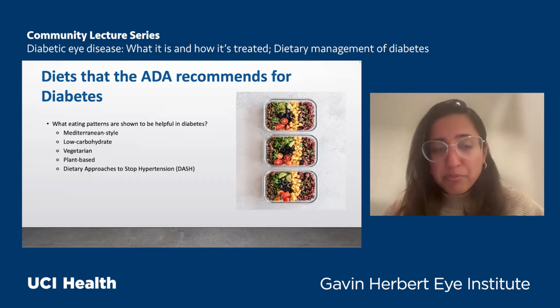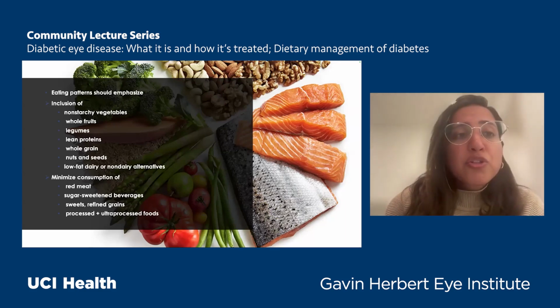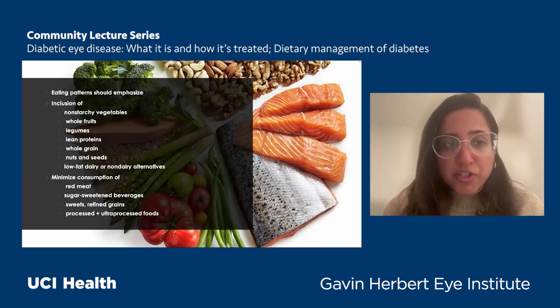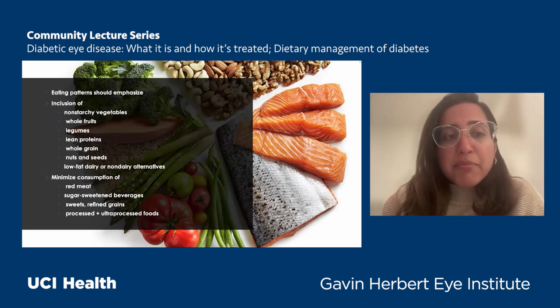But essentially, the principles of this diet are the inclusion of non-starchy vegetables, whole fruits, legumes, lean proteins, whole grains, nuts and seeds, low-fat dairy or non-dairy alternatives. They recommend minimizing the consumption of red meat, sugar-sweetened beverages, sweets, refined grains, and processed and ultra-processed foods.